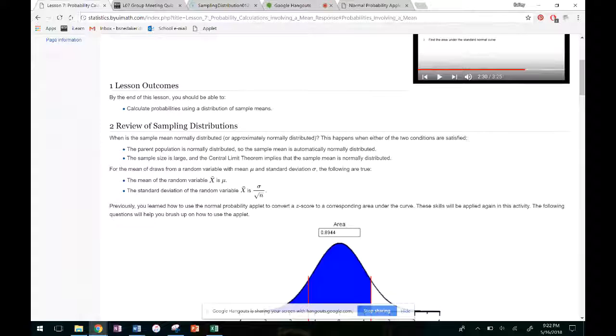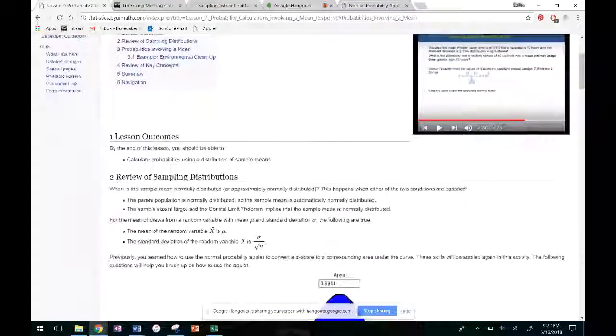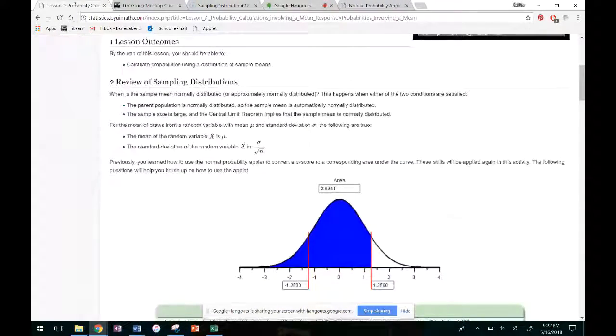Sample mean of the student scores. Okay, the distribution of the... Sorry, I'm trying to read in the reading too and see if I can find it.